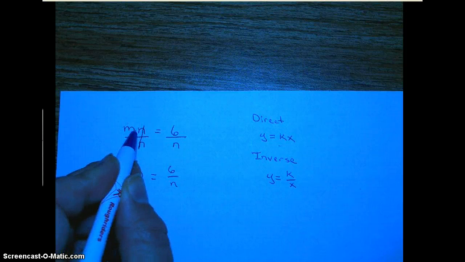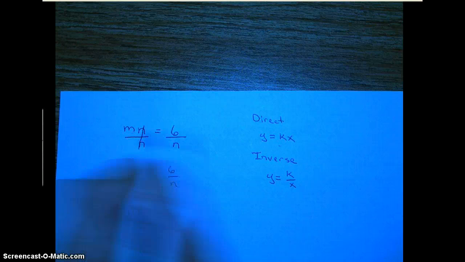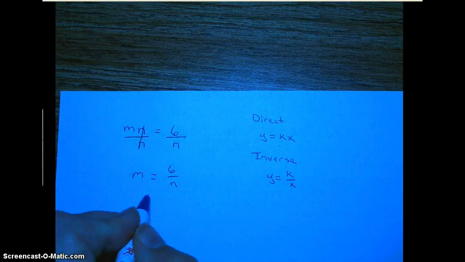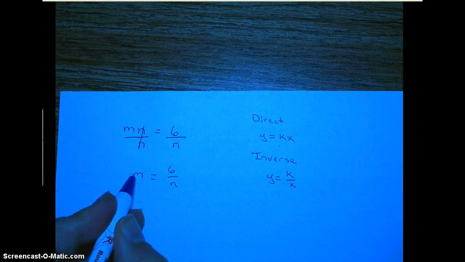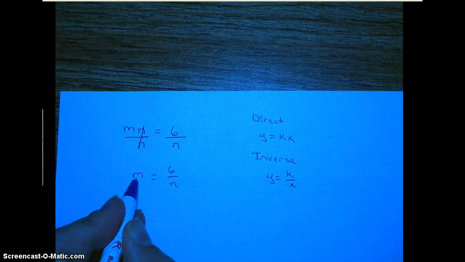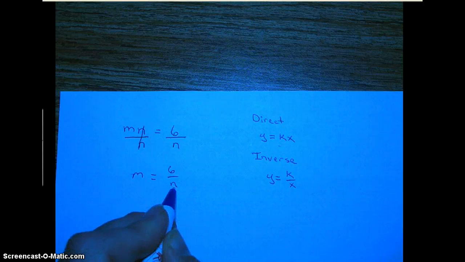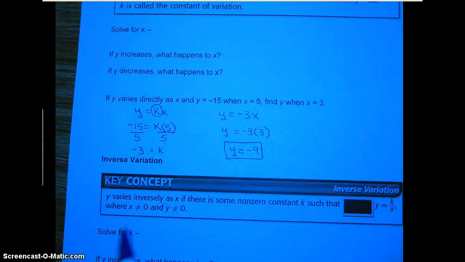But you have to get the letter by itself to know. So this is inverse, and we would say that m varies inversely as n. There are the words I'm using. M varies inversely as n.